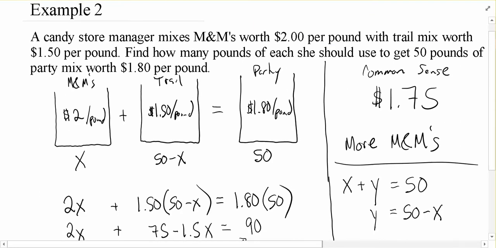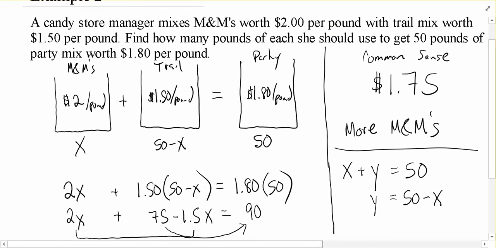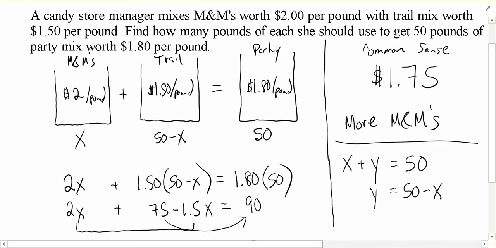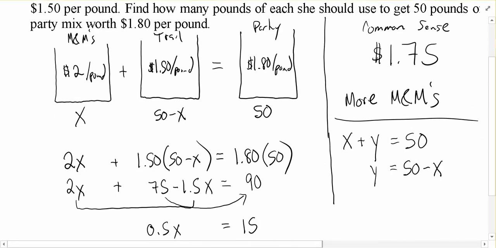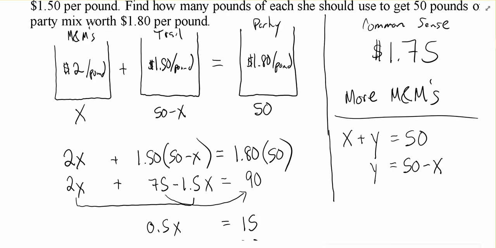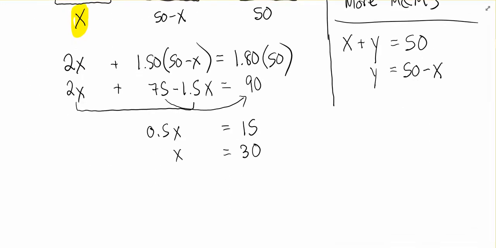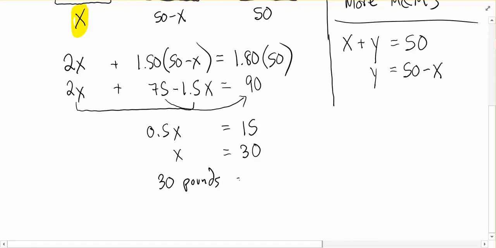The question asks, how much of each do we have? So it's asking how many pounds of M&Ms and how many pounds of trail mix. Now remember that we defined X as the number of pounds of M&Ms. So we can say 30 pounds of M&Ms.